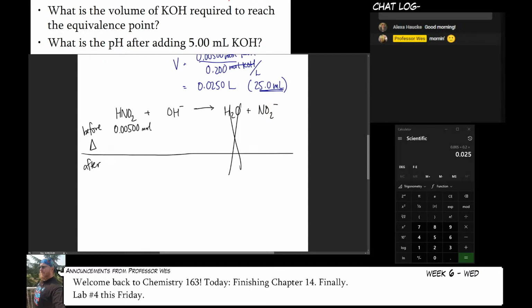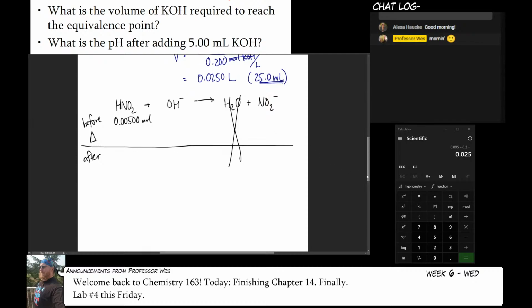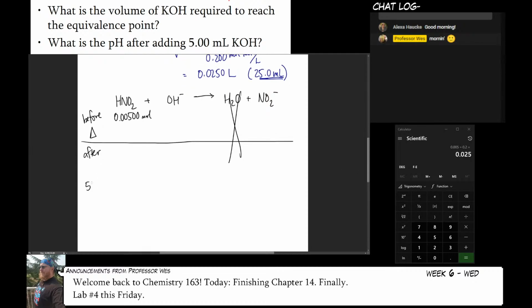And we're going to add 5 milliliters of KOH. So 5 mils of KOH would be, well, M times V is moles, right? So that would be 0.200 moles per liter times 0.005 liters.